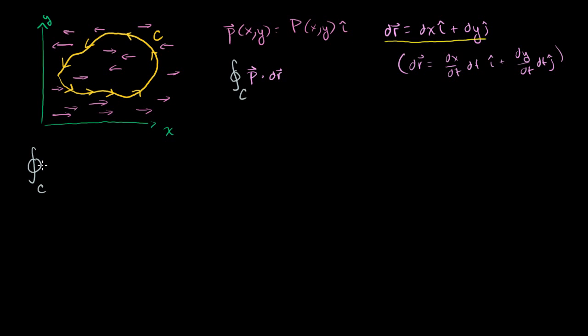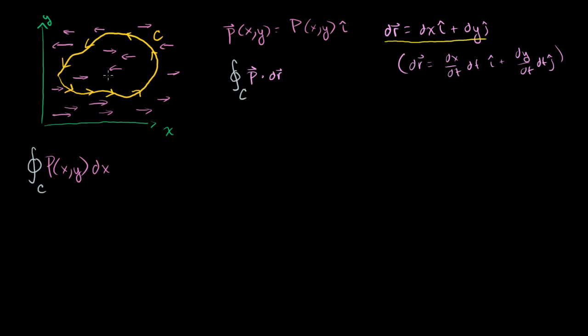So we get P of xy times dx plus, well, there's no j component: 0 times dy is just going to be 0. So our line integral simplified to this right here. This is equal to the original integral up here. So we're literally just taking the line integral around this path.